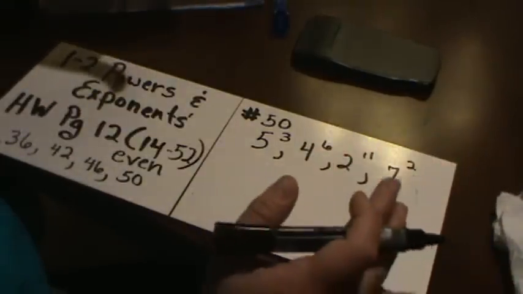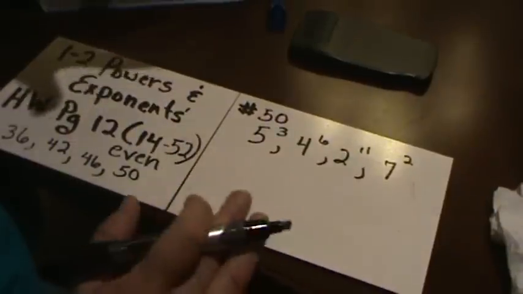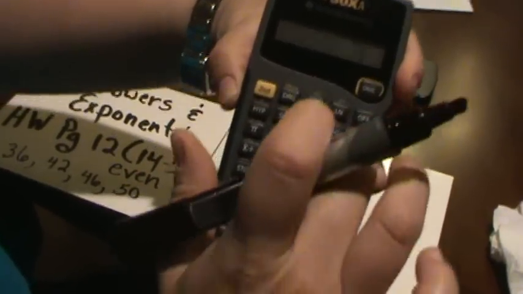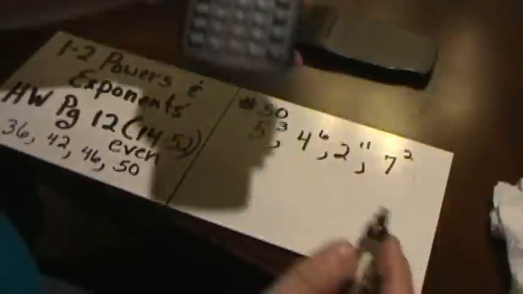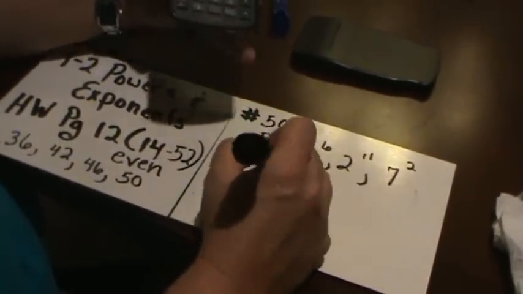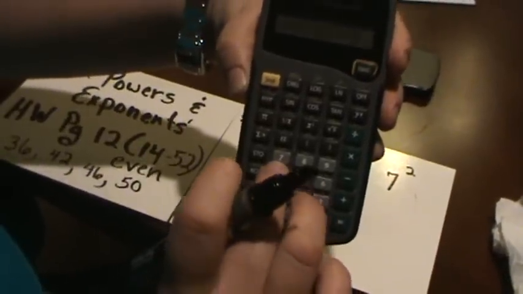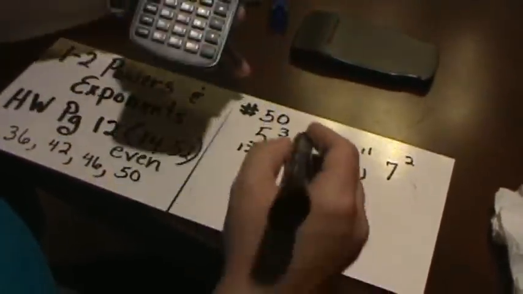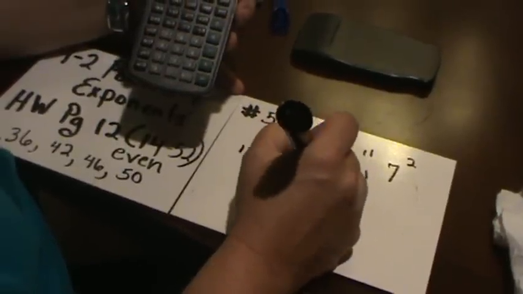So the first thing I need to do is understand what each value truly is. So I'm going to use my calculator again, and I'm going to clear it, and I'm going to go 5, y to the x, 3, and I get 125. And I'm going to write that real small right there. I clear. Now I'm going to go 4, y to the x, 6, and I get 4,096.